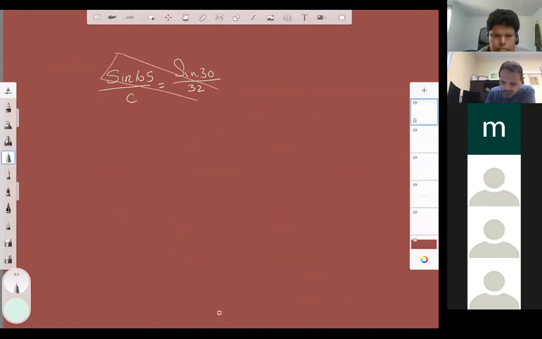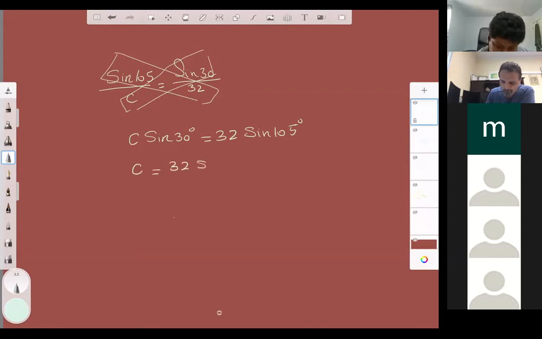Cross multiply this times that equal to that times that. So we have c sine of 30 degrees equal to 32 sine of 105. Then c will be equal to 32 sine of 105 degrees divided by sine of 30 degrees.